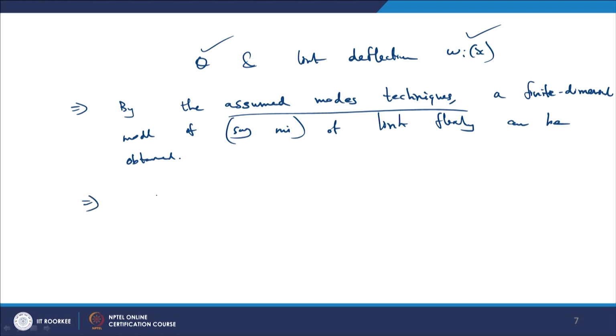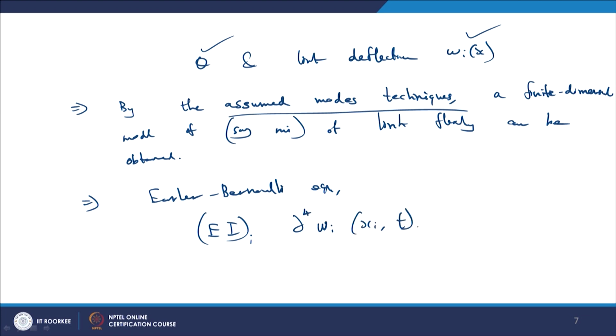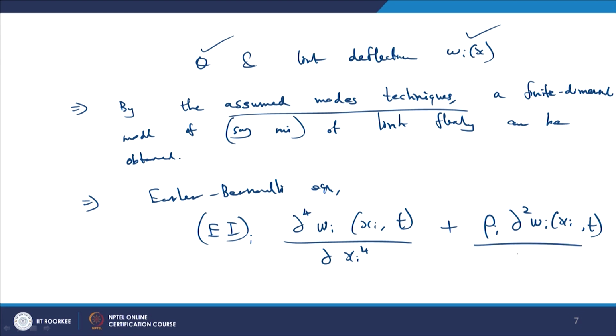Thus, by the Euler-Bernoulli equation for flexible beams, we have E_I ∂⁴W_I(x_I,t)/∂x_I⁴ + ρ_I ∂²W_I(x_I,t)/∂t² = 0.